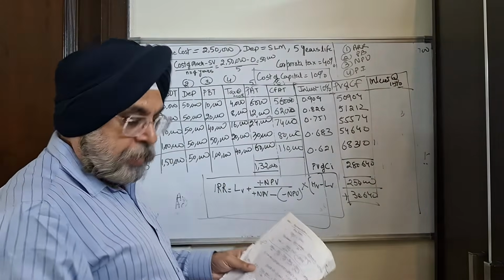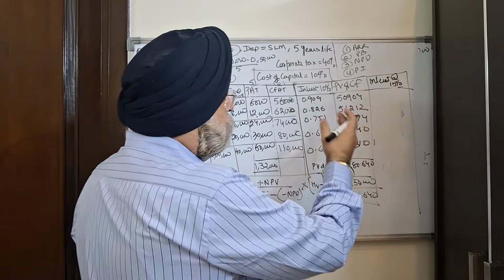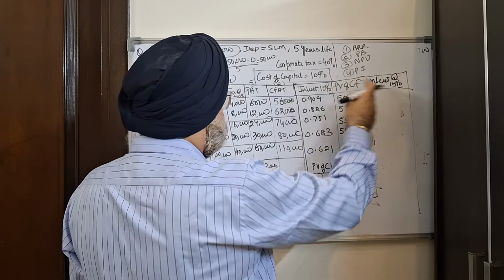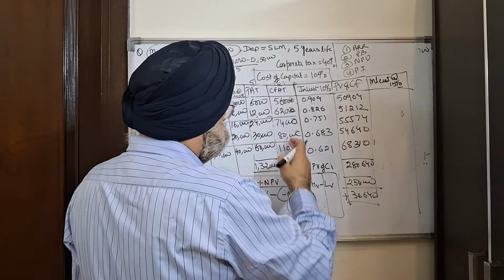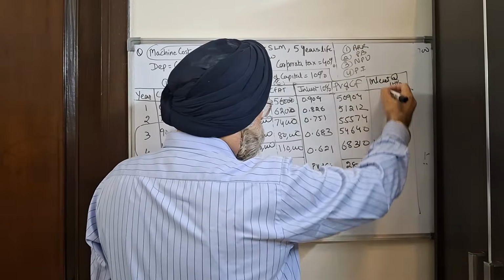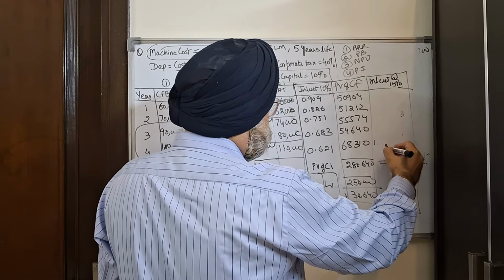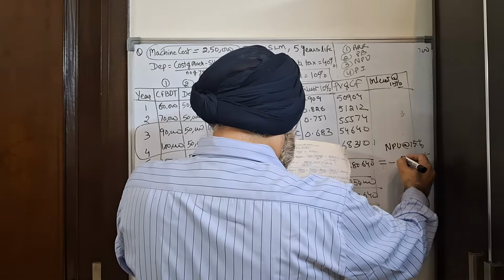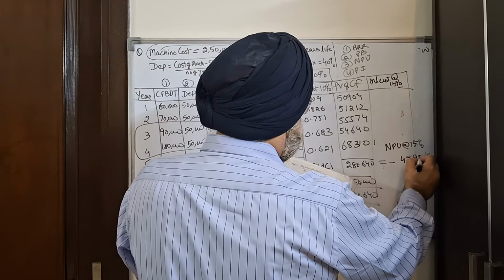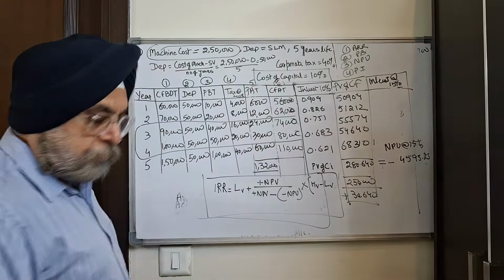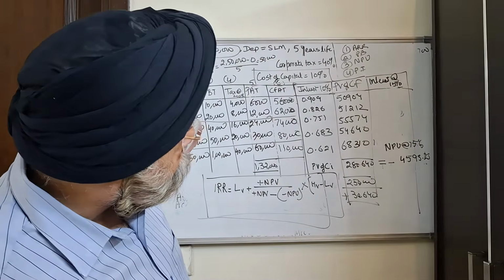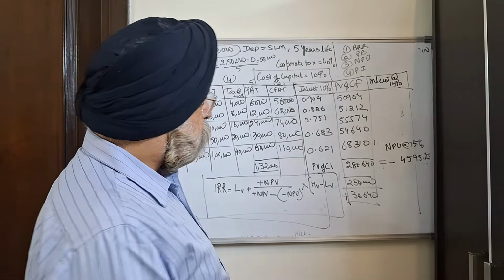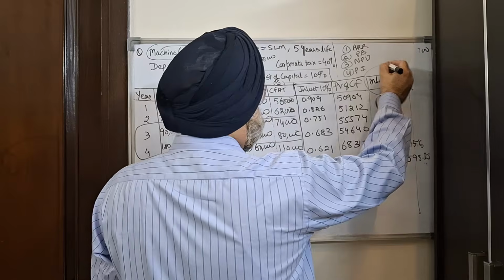Now we will take the value from the table of 15% and multiply that value with cash flows. Now if we calculate these values, the NPV at 15% is coming to minus 4593.20, minus 4593 if we calculate by 15%.